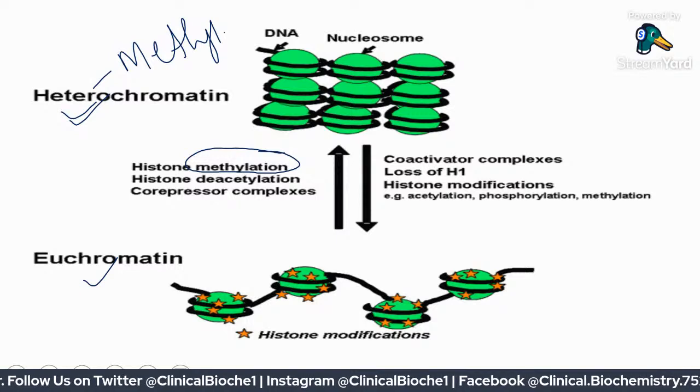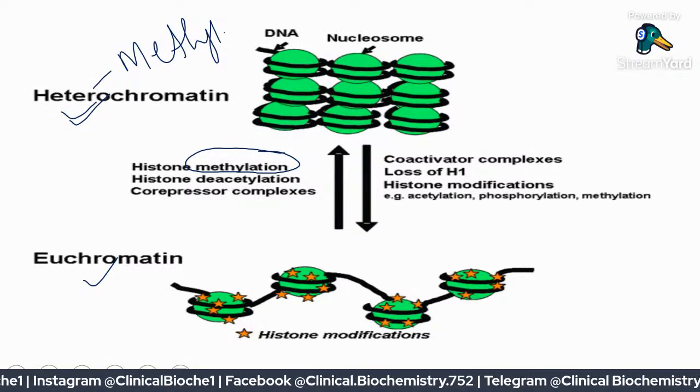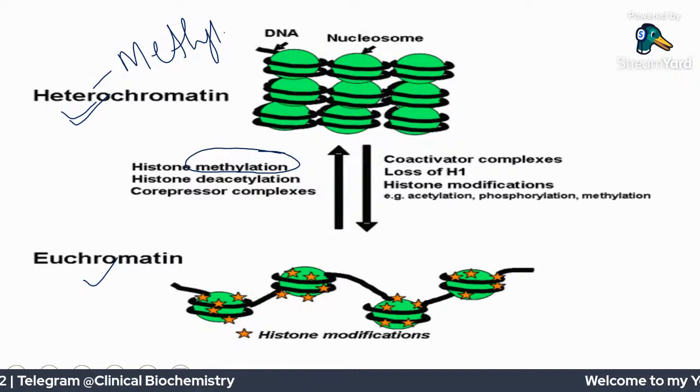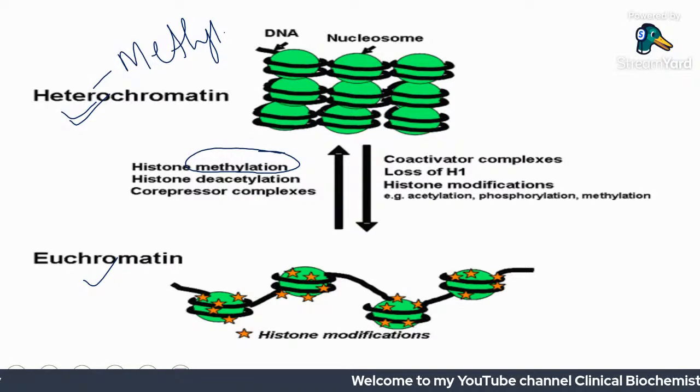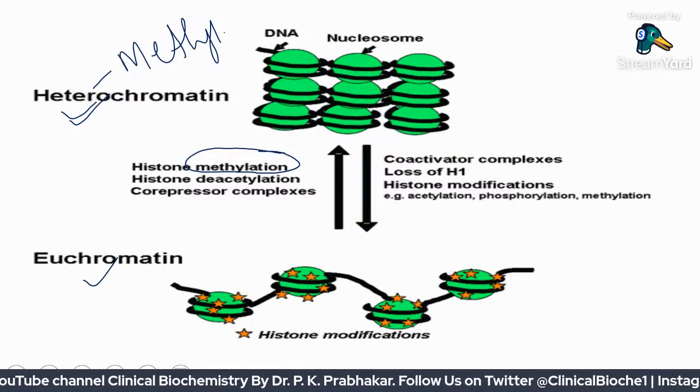If you want, you can write in your notebook that methylation induces compactness in the DNA. Whenever histones are highly methylated, it means heterochromatin nature, compactness will increase, and DNA becomes more inactive, transcriptionally suppressed. This is one kind of modification.